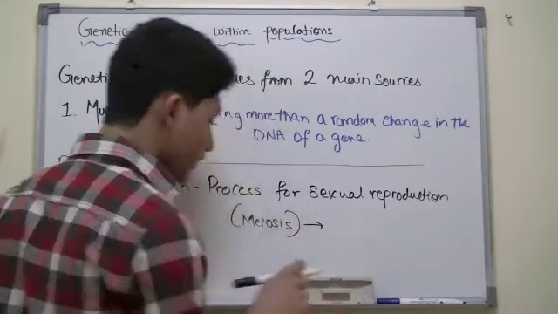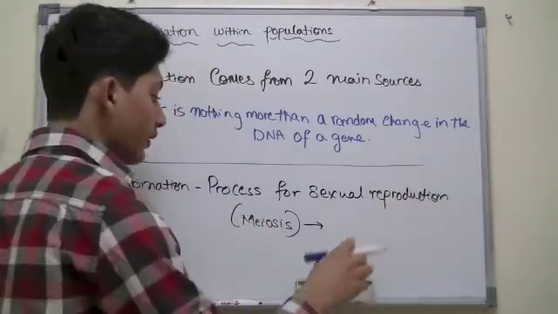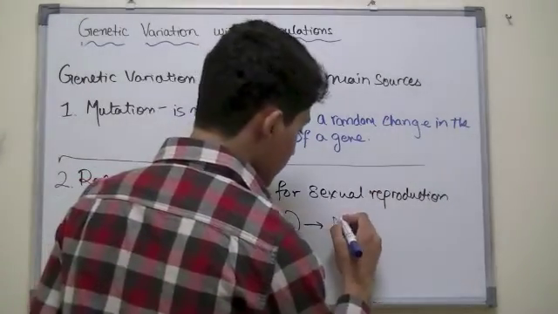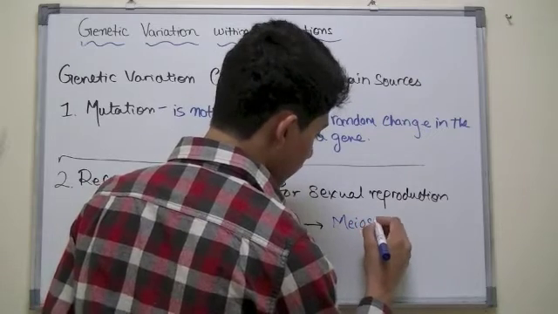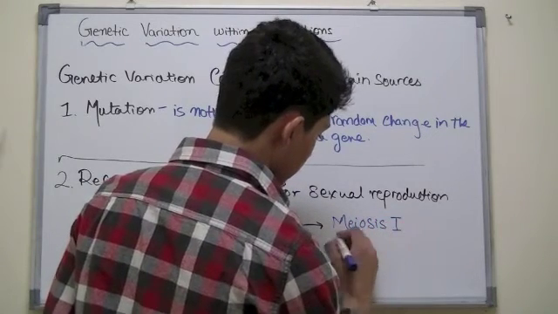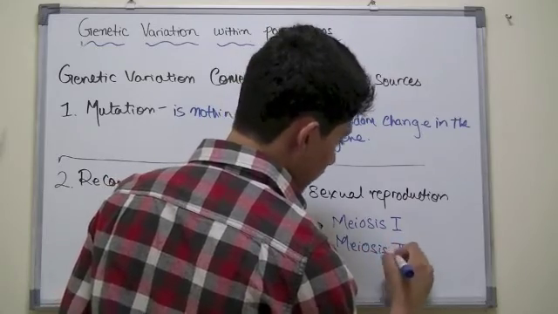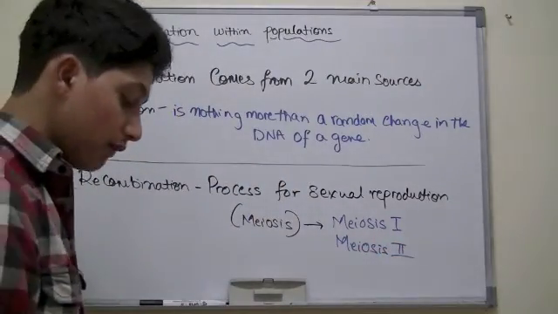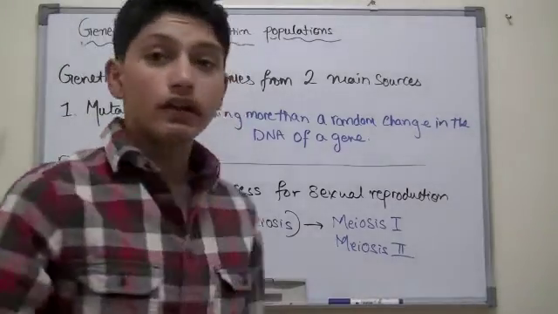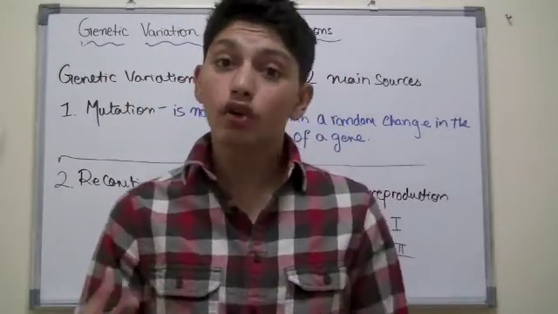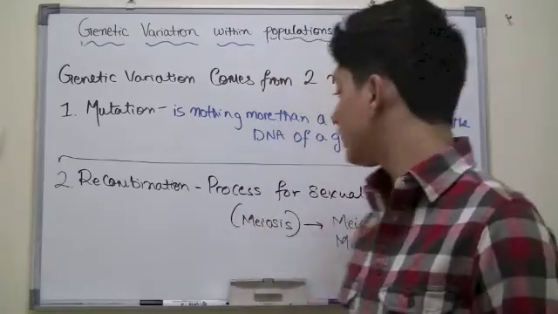As you guys know, there are two parts of meiosis, which is meiosis 1 and meiosis 2. If you don't know what meiosis 1 and meiosis 2 are, go back and look at the animation in the video to get an idea.